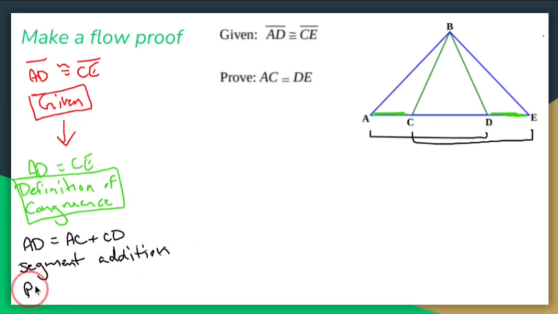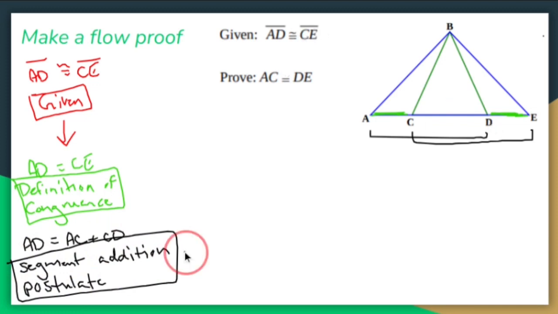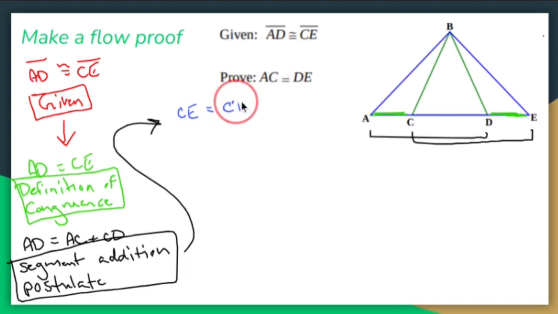I have a feeling that's going to happen again almost immediately. Postulate. All right, segment addition postulate. If I do that with AD, it makes sense that I should do the same thing with CE. So let's take this arrow, bring it up here. Look at me flowing. I'm going to say the same thing with CE, that CE is the same thing as CD plus DE.